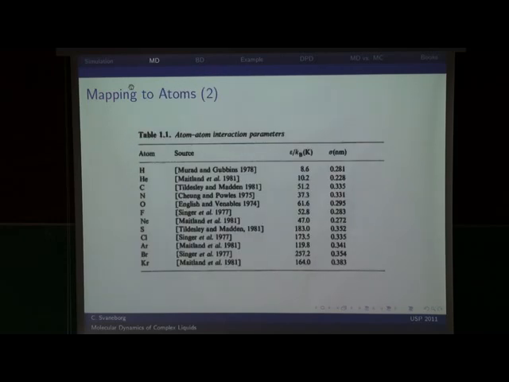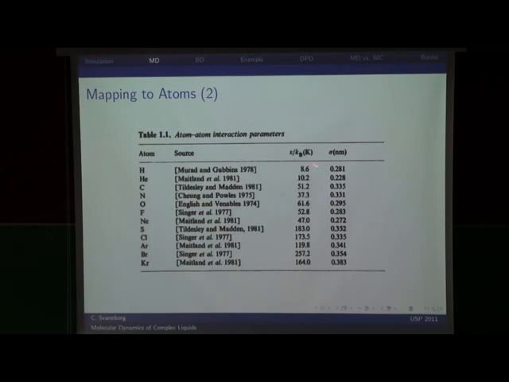And here's a table of how to convert from a given atom to what is epsilon and what is sigma. People have studied these different atoms, and I'm not sure about all of them, for instance fluorine. This is good for noble gases, but for some of the other ones we're trying to approximate their interactions with a Lennard-Jones potential, which might be good or it might be bad.